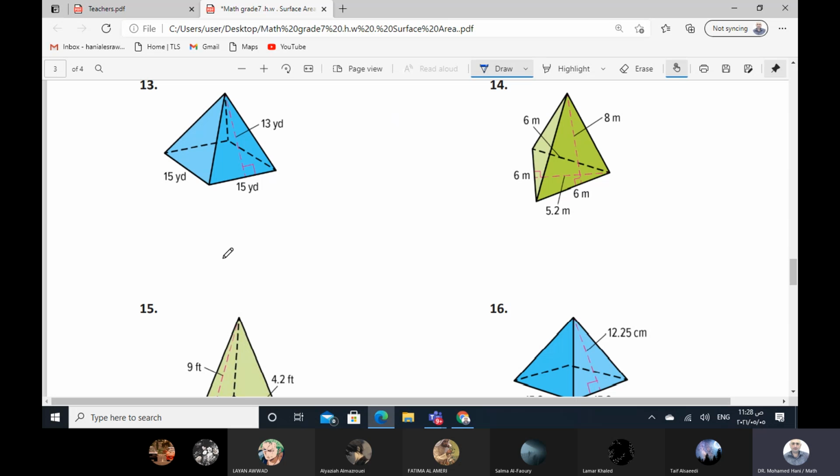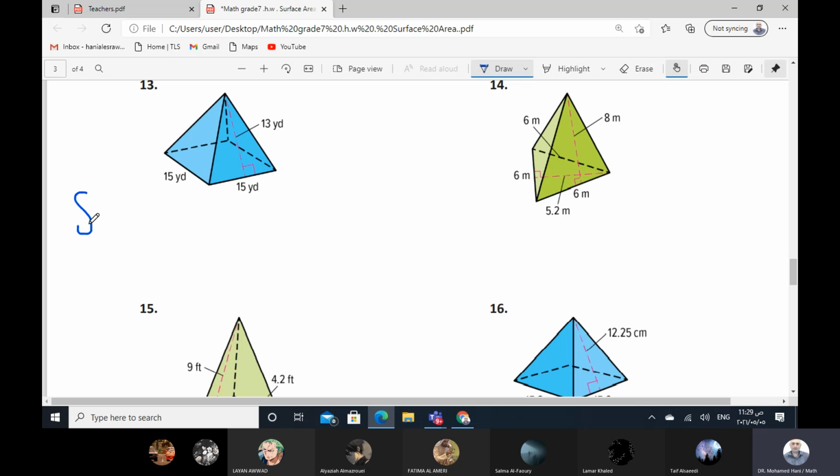In the pyramid here, as you see, we have 5 faces. The base will be a square, and we have 4 congruent lateral faces. Each one will be a triangle. This is 1, this is 2, and here 3, and here 4.